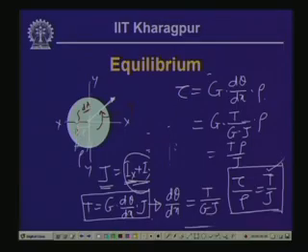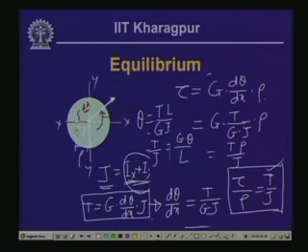Also, we have just seen that theta is equal to T L by G J. From here we write T by J is equal to G theta by L, and from the earlier result we get T by J is equal to tau by rho.